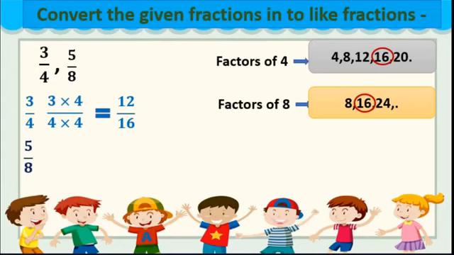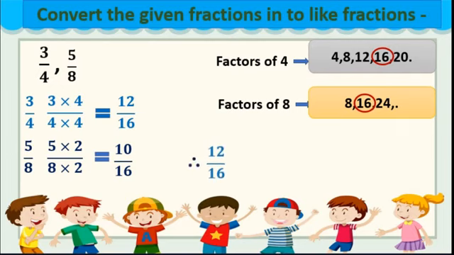Now we will move to 5 upon 8. Here 8 2s are 16. Correct? So we are going to multiply numerator and denominator by 2. Okay. Now here 5 2s are 10 and 8 2s are 16. So dear students, we have converted the given fractions into like fractions.